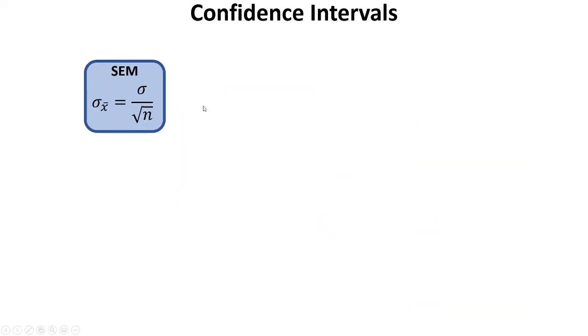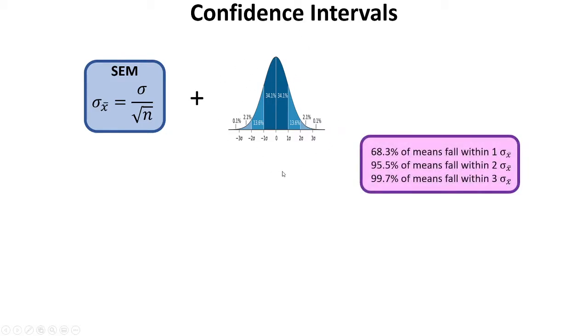So this together is really useful. We can use our concept of the standard error of the mean, which is showing us the spread of the sampling distribution, combined with the fact that the sampling distribution forms a normal distribution, which we know the properties of, and these properties are here, to give us an idea of a confidence interval.